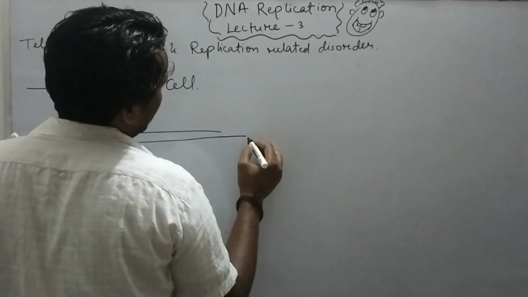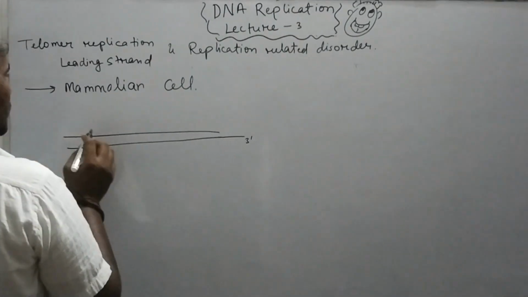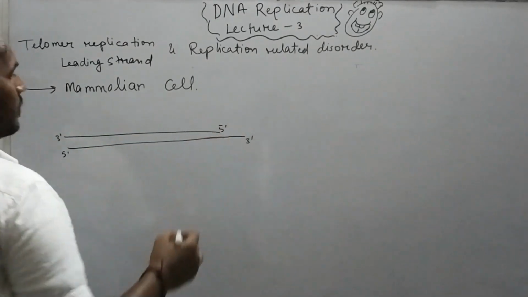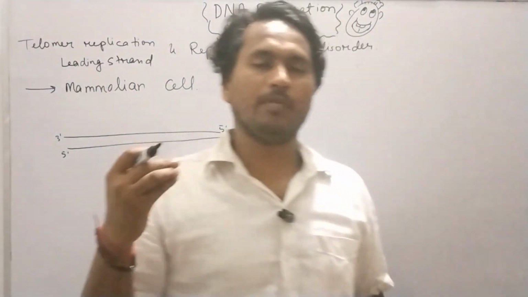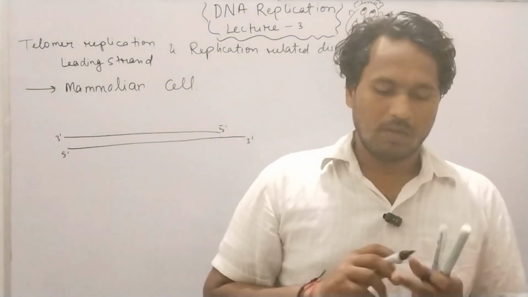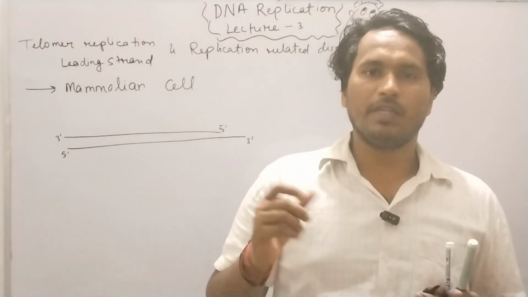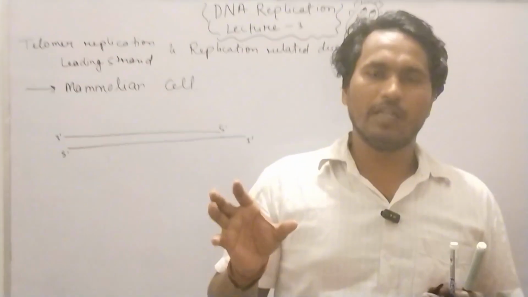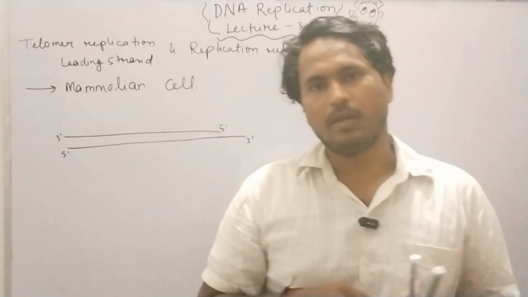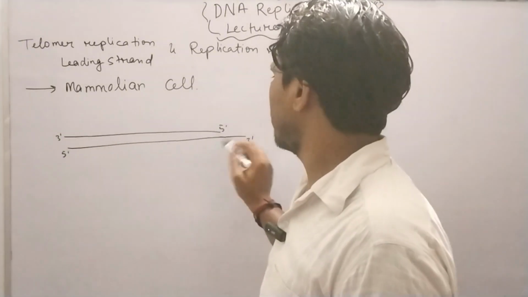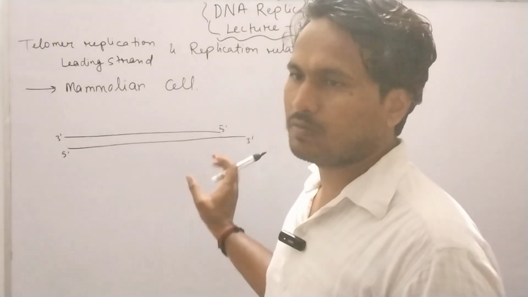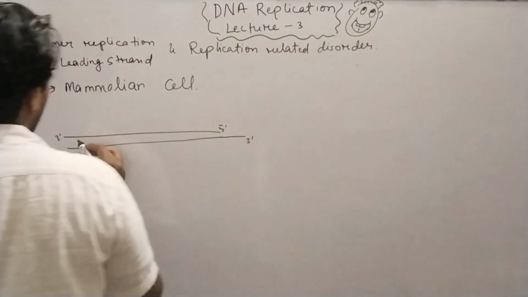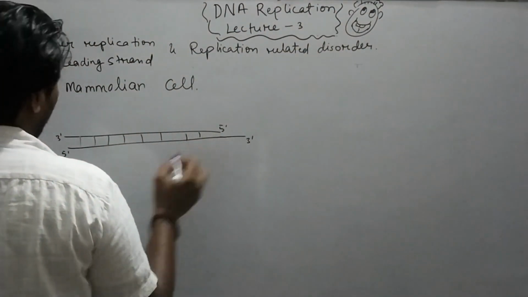In the beginning also we need an extra 3' end for the binding of the DNA polymerase, but in the beginning we saw that if there is no extra 3' end, the DNA polymerase cannot bind, and then DNA shortening can happen. Now this region can be shortened. So what they are doing in this case, they are making a loop. The mammalian cell will make a loop by the help of telomerase.